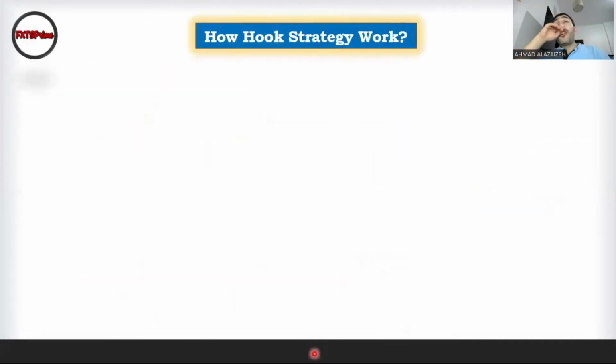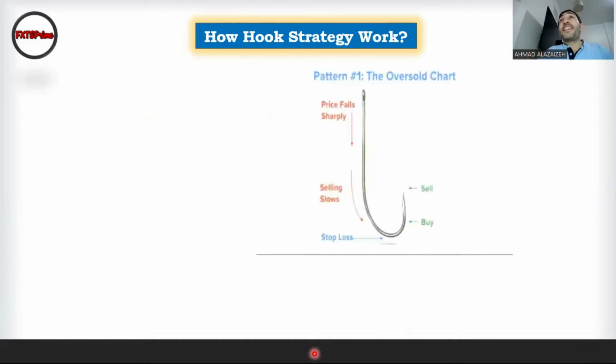Now I want to teach you the hook strategy first. I want to explain to you why we are saying hook. We are saying hook because the hook looks like our chart. So I have a long distance here, a long rod here, which is representing the oversold move in this hook.